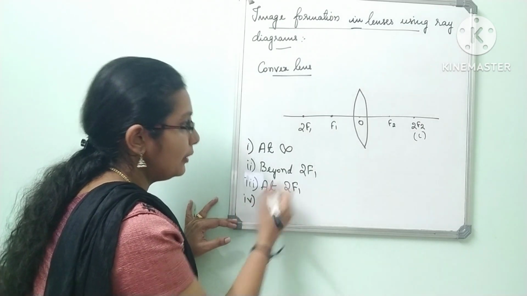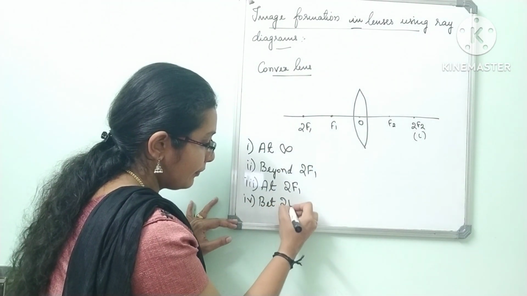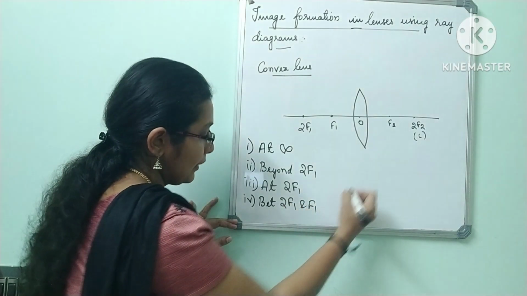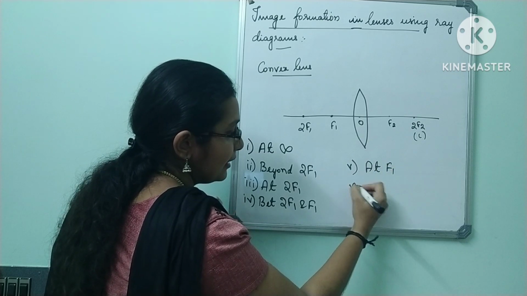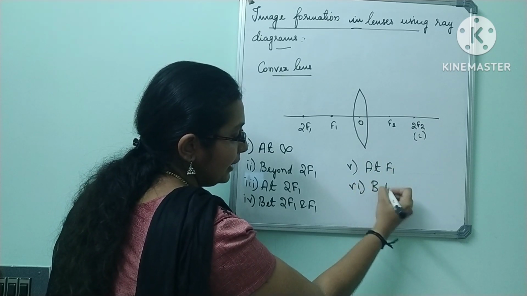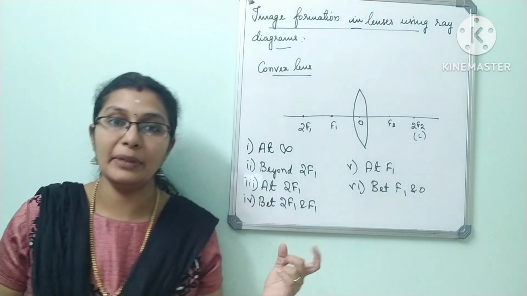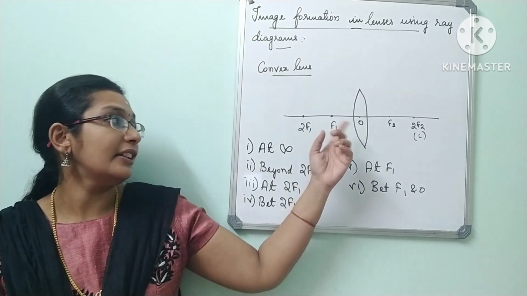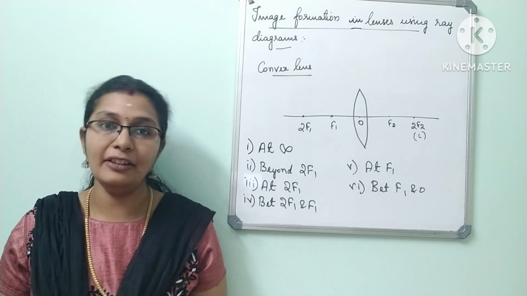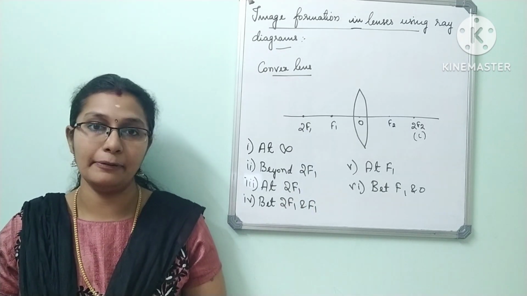Then the fourth position is between 2F1 and F1, and the fifth position is at F1. And the sixth position is between F1 and O. There it was between P and F, because we considered this the pole; here it is the optic center, so between F and O. So mention correctly whether it is F1 or F2 exactly.